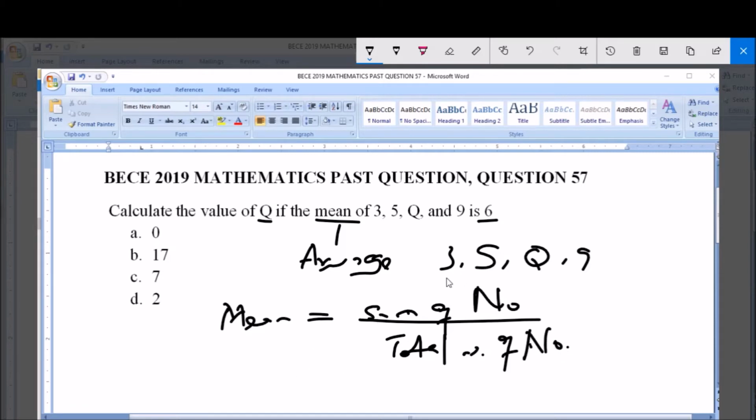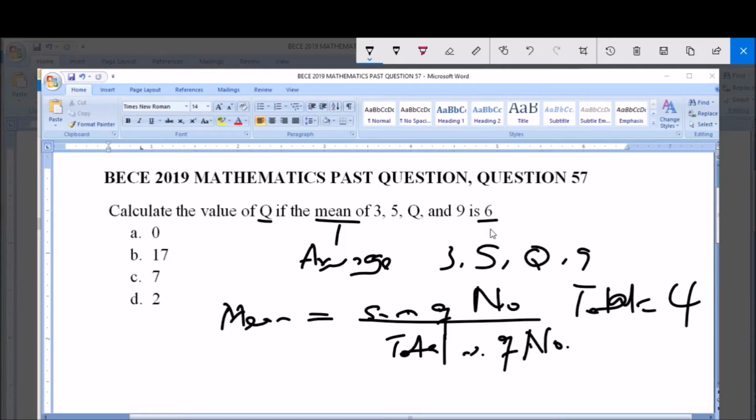Now the sum of the numbers means that we're going to add all these numbers together, and the total number of these numbers is equal to 4. Remember we have 4. That's 3, 1; 5, 2; Q, 3; and 9, 4.